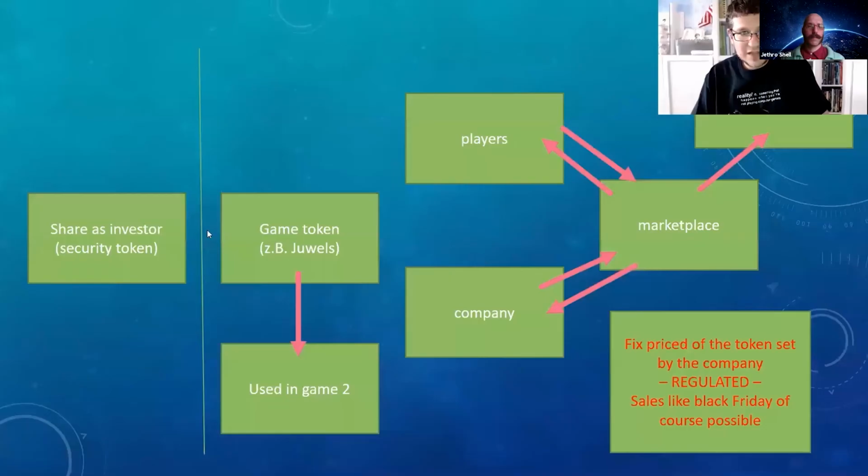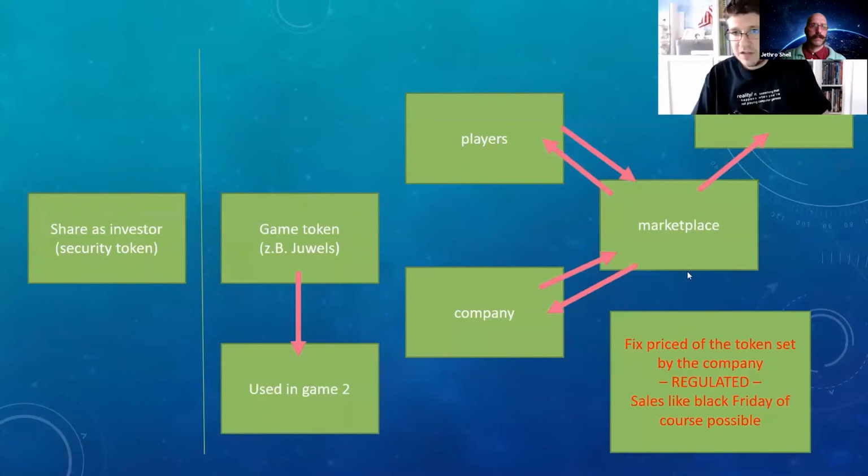This showed that you should really separate the share as an investor, the share that is traded on the free market like stock exchange shares, from the game tokens that are used in the game. The experts recommended that in this particular case, with game items, the price should be set by the company in a regulated way.